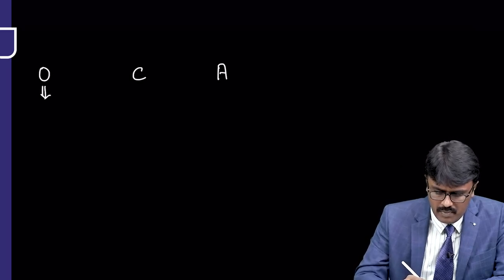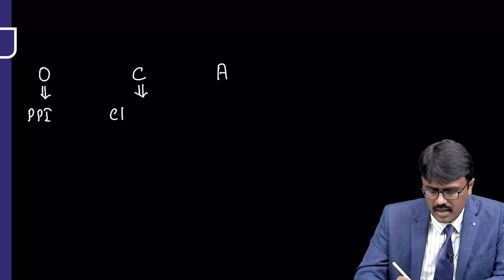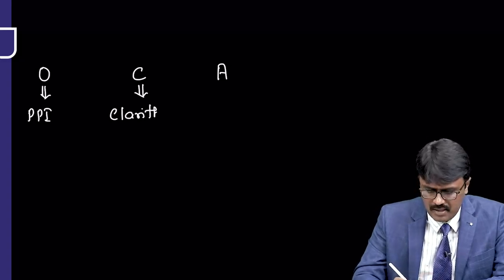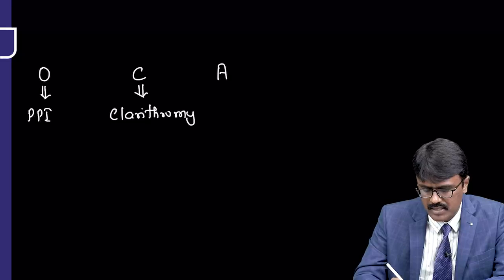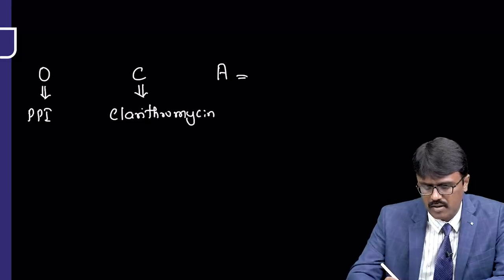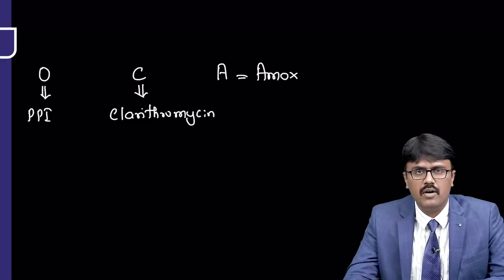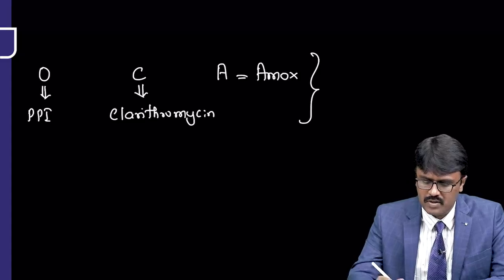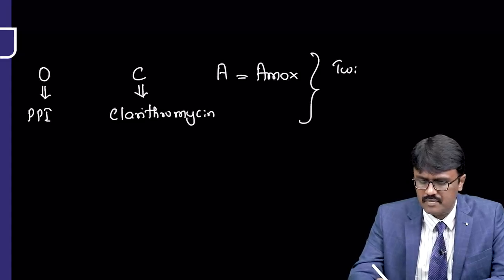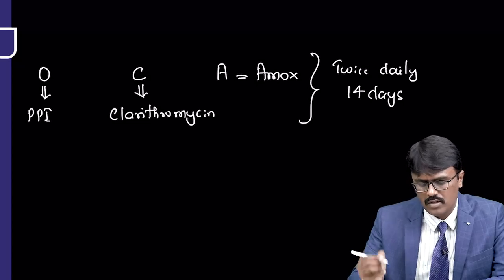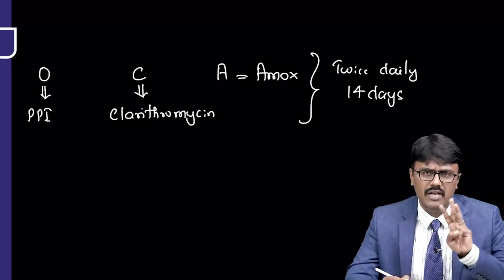O for any PPI, C for clarithromycin, and A for amoxicillin. So here also we give it twice daily for 14 days. So these are the triple drug regimens. We give only 3 drugs.